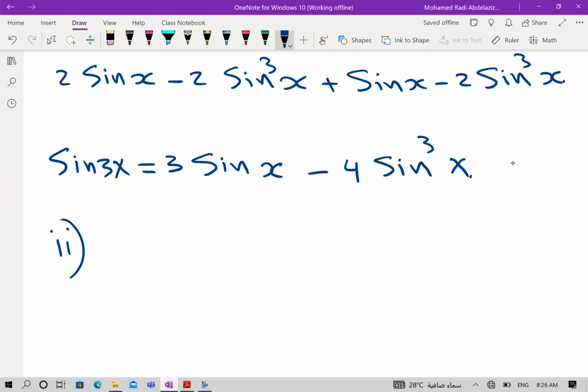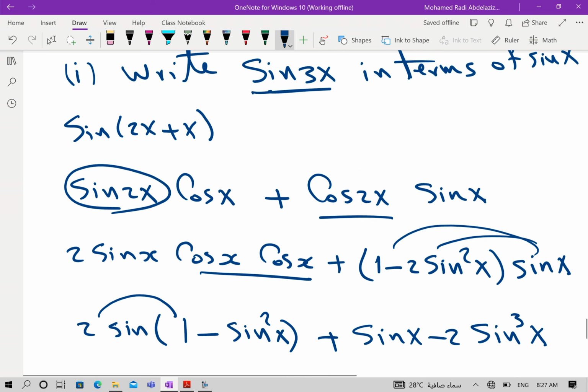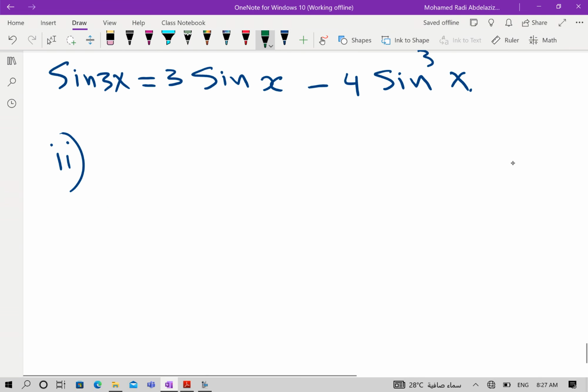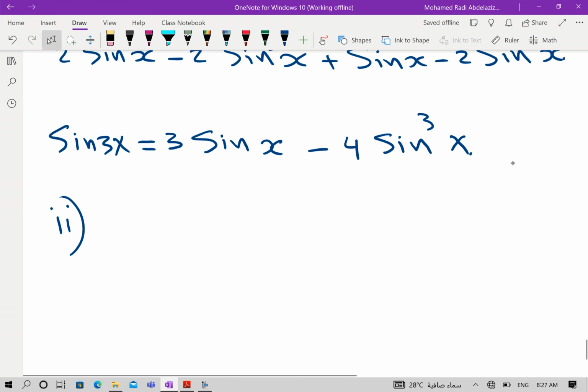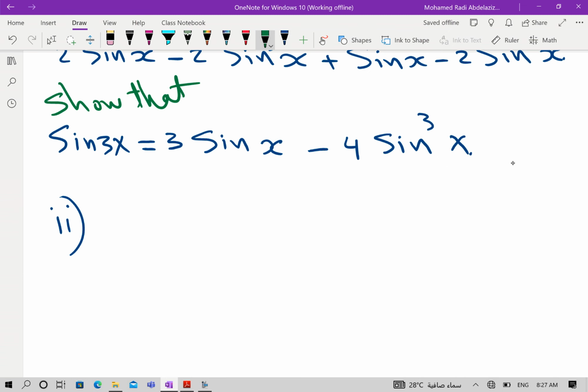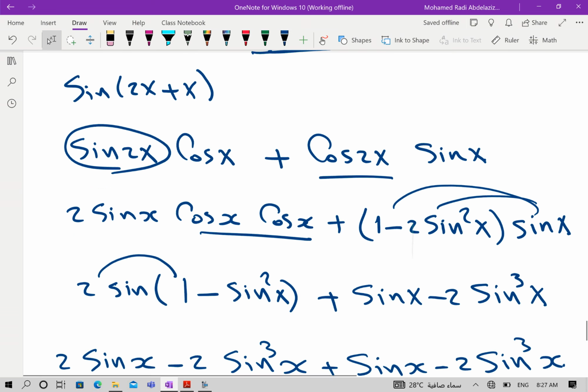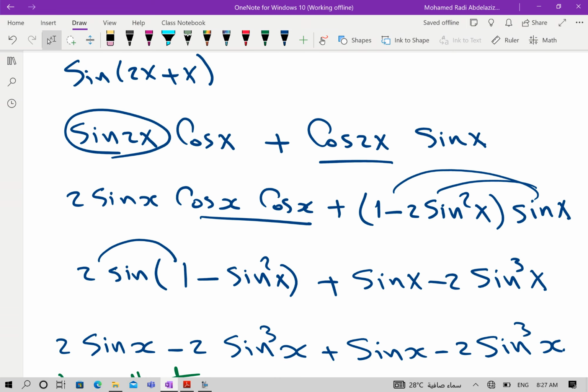Part 2, integrate. The question may be written as: write sine 3x in the form of sine x, or show that, maybe it's written like this in the exam. Show that sine 3x is equal to... start to split 3x as 2x and x. Sine cosine, cosine sine.